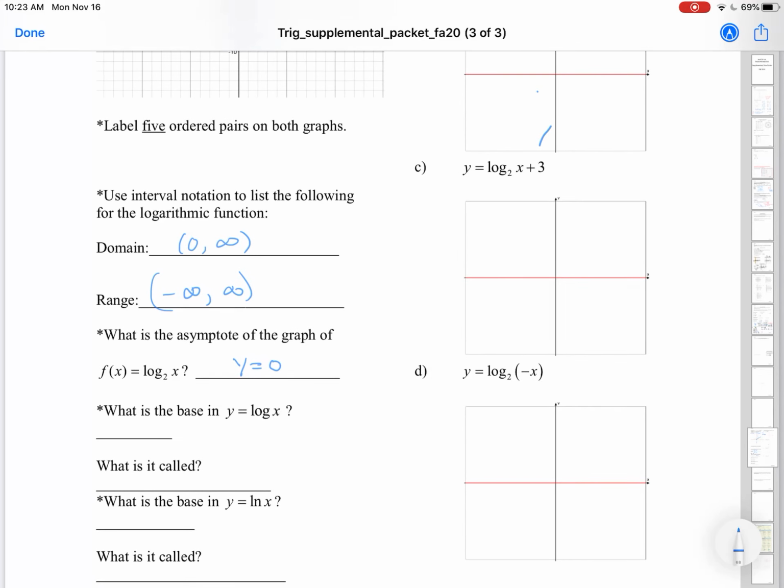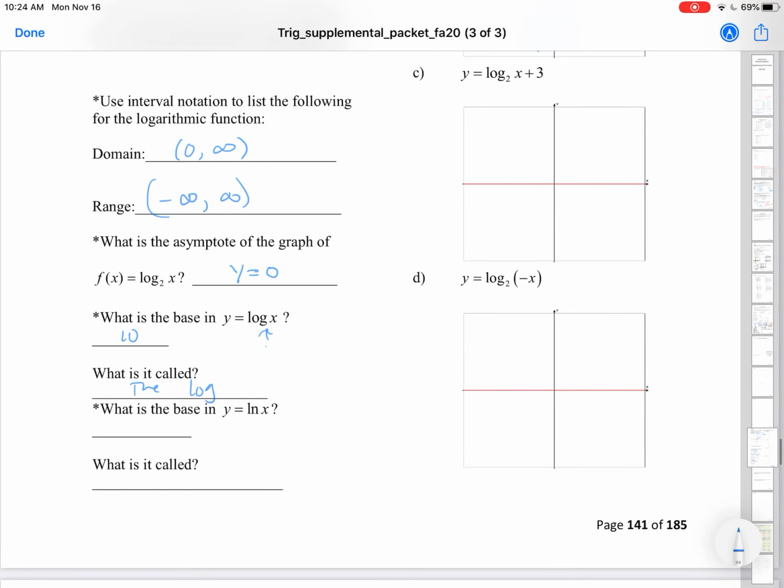What is the base in y equals log of x? So we want to remind you, if there's no base written, that base is understood to be our number base system, 10. What is it called? It's called the common log, I guess. What is the base in y equals ln x? Well, maybe you remember, hopefully you do, that the base there is e.